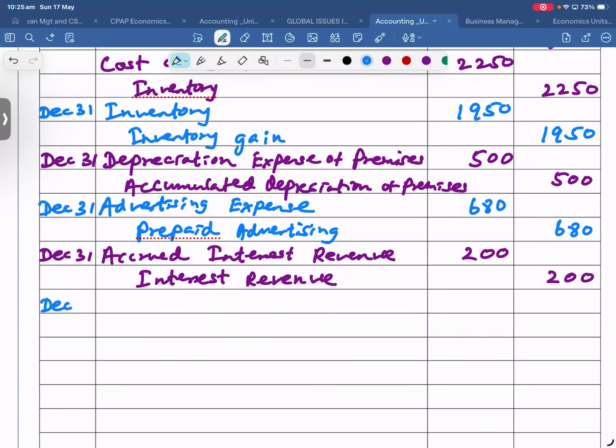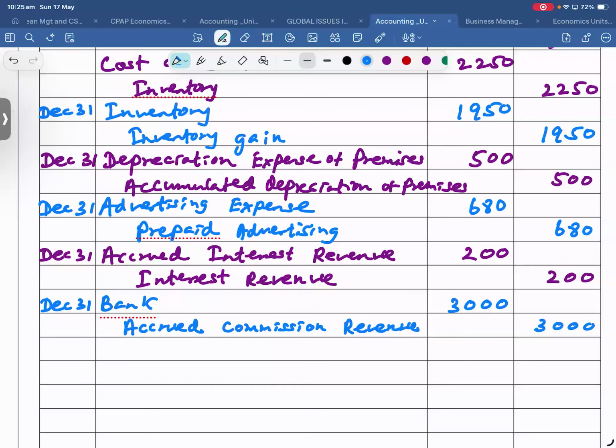December 31st. Bank debit 3,000. And accrued commission revenue, you are crediting 3,000. Right?